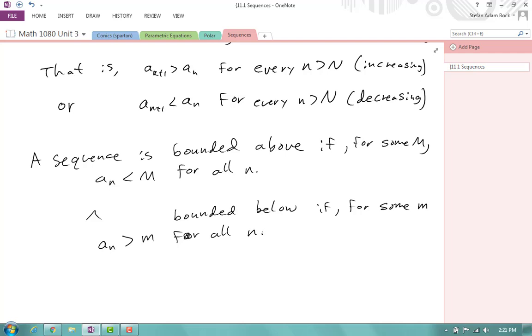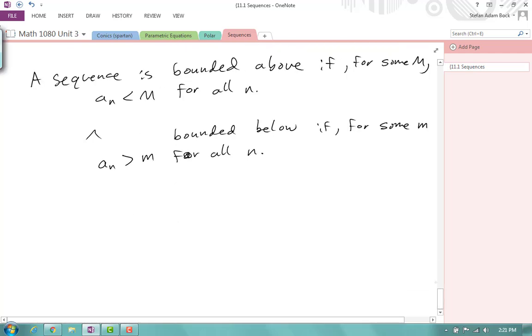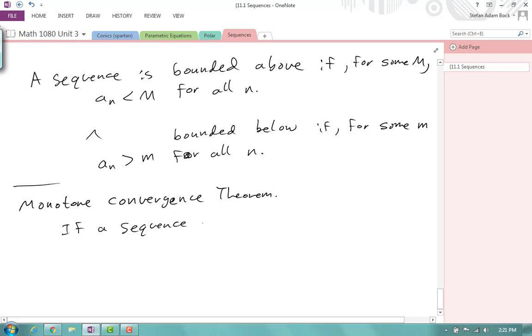Now, when I combine these, I actually get a very powerful result, which here they just call the monotone convergence theorem. But we do need the bounded result. So we'll call this the monotone convergence theorem. If a sequence is bounded and monotone, then it converges.